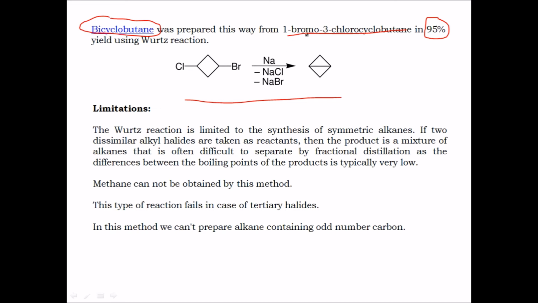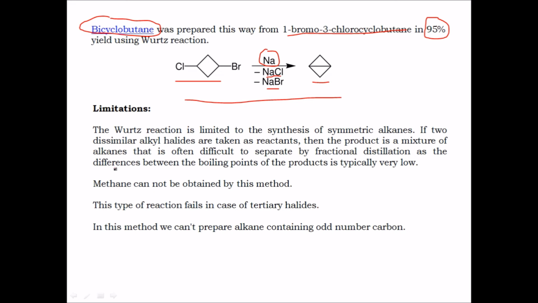The simple reaction: the compound 1-bromo 3-chloro cyclobutane upon treatment with sodium metal, Wurtz reaction takes place with the elimination of two compounds, NaCl and NaBr, to form bicyclobutane. Right, so this is regarding Wurtz reaction, and it also has some limitations.